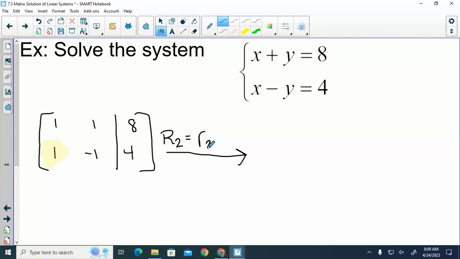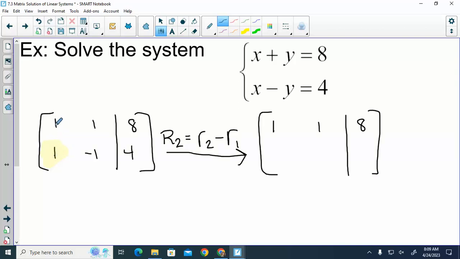So could you do row 2 minus row 1? Right. So we're changing row 2, so row 1 stays the same. Okay, row 2, you're going through each number and subtracting the number in row 1.